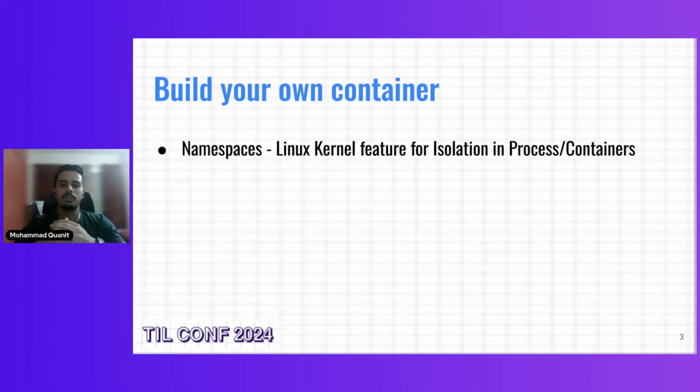We have to think of some of the components in our mind. The first is namespaces. Namespaces is basically a Linux kernel feature that helps our container or our process achieve isolation.